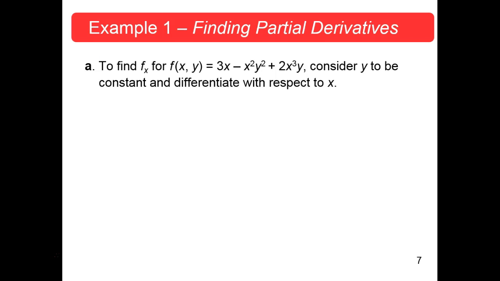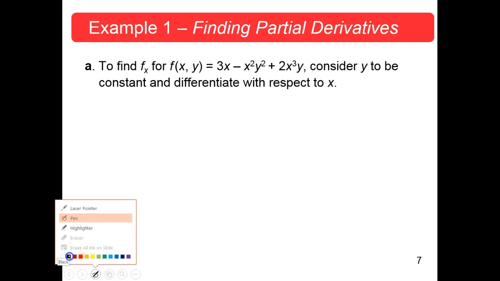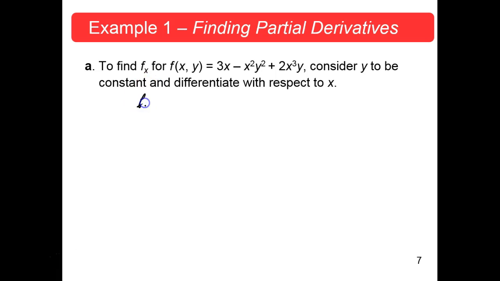Only differentiate with respect to the one in question. So here it says to find f sub x for f of x, y equal to 3x plus x squared y squared plus 2x cubed y. Let's find f sub x.